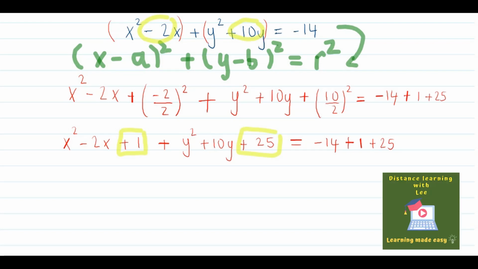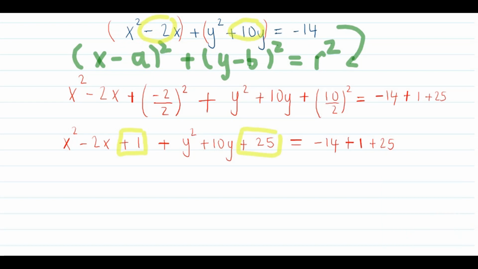And you take the coefficient of y, that positive 10, you divide by 2 and you square it, right? Since you added the negative 2 divided by 2 all squared, and the 10 divided by 2 all squared to the left hand side, you need to add them to the right hand side, and that's what we have here.